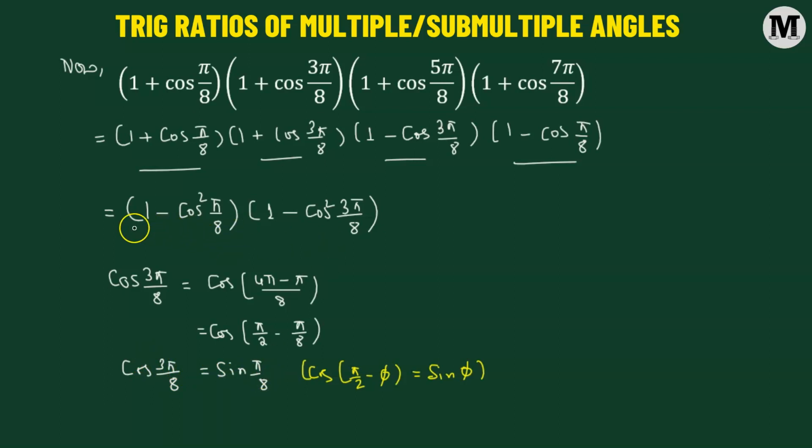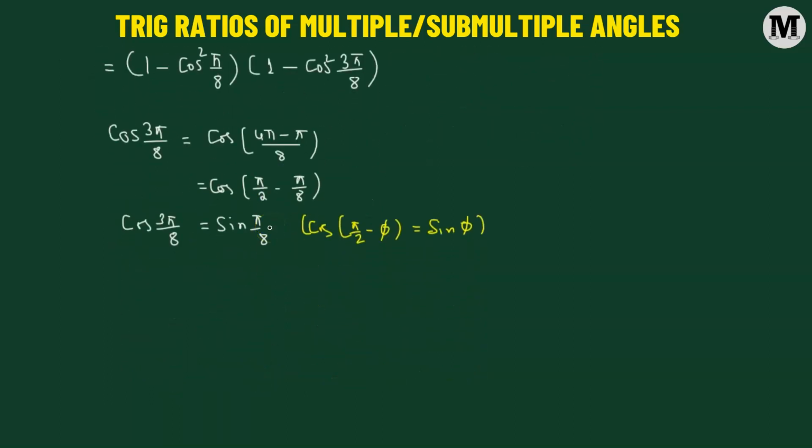So our expression will now become 1 minus cosine squared pi over 8, multiplied by 1 minus cosine squared 3 pi over 8, but we can replace cosine squared 3 pi over 8 with sine squared pi over 8. Fine.